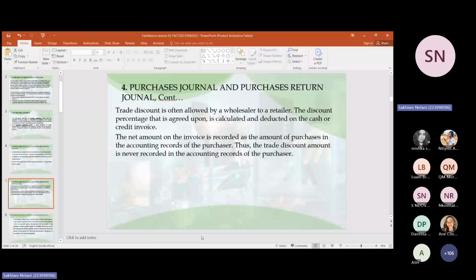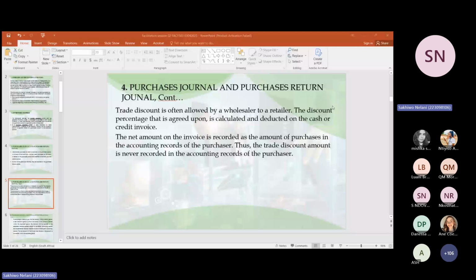Anyone that has an understanding of trade discount, what is your understanding of trade discount? Anyone can come forward and put some clarity to say what is a trade discount in your own view. Trade discount. Your hand is up, Tanganani.